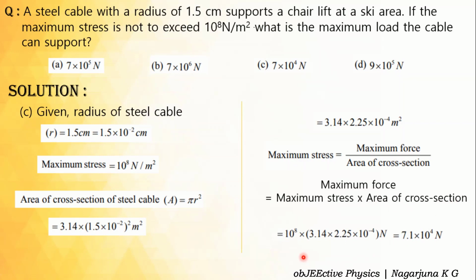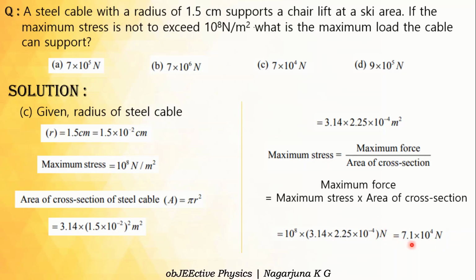By substituting the values, maximum stress is 10 power 8 into area of cross section, that is 3.14 into 2.25 into 10 power minus 4 Newton. By simplifying this, we will get maximum force is equal to 7.1 into 10 power 4 Newton. That is, option C is the right option.